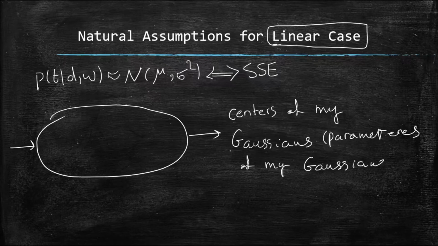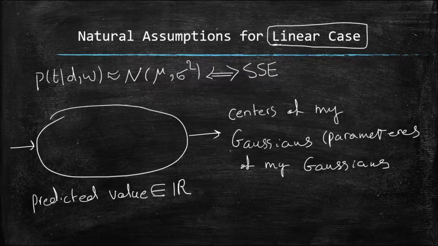So this means that the predicted value is, let's say, a member of the real numbers. It's a real number, right?